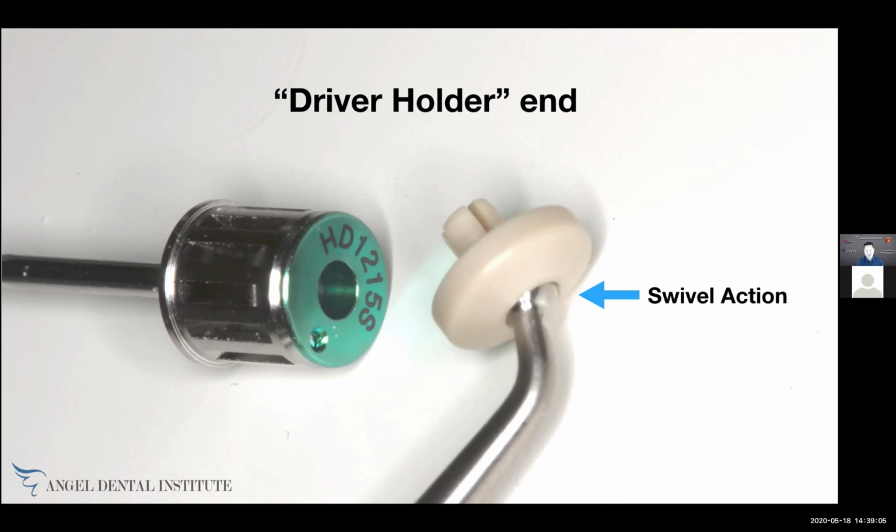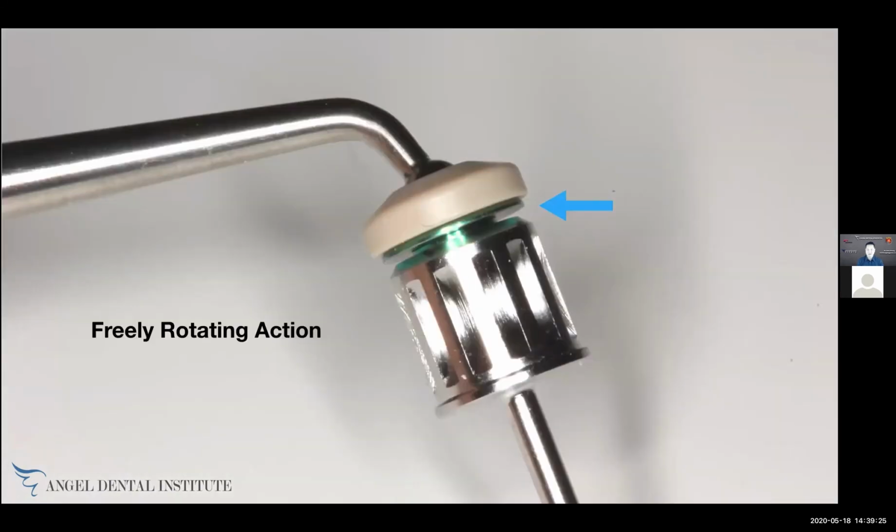And if you look at the hex driver, you see that hole at the end, the green end, not the middle hole, but on the side. That's actually for the floss. If you want to put a floss there, you could tie a floss there, so if you drop it, you could pull it back. But with the driver holder, it snaps in. You don't really need the floss, okay? It locks in like this, and it freely rotates. So you hold the handle, and then you put this in there and start turning.